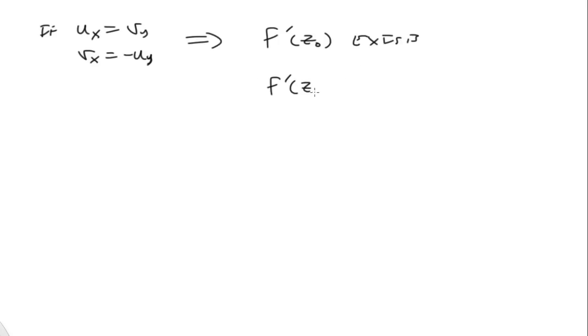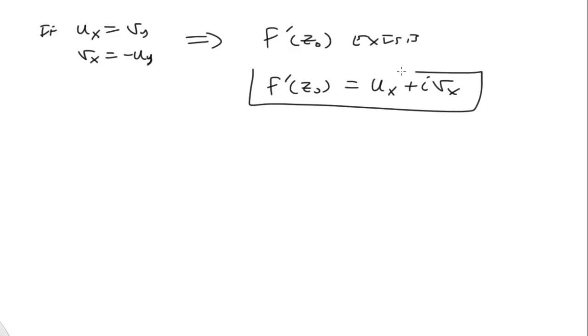F prime at z naught is equal to, and remember from the previous slide, if you go back a little ways, ux plus i vx. So we have a constructive way to prove it. And again, this is always with the proviso that these are continuous.